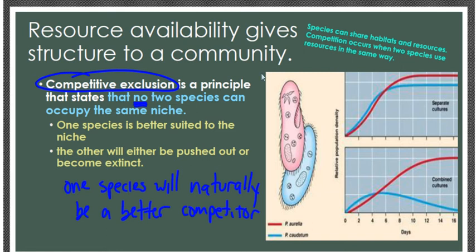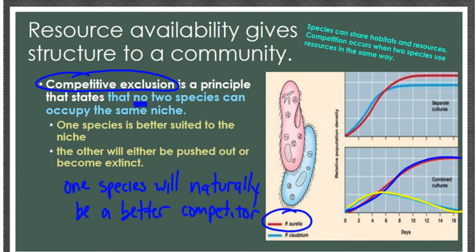In separate cultures, they both thrive, as we see with kind of that exponential looking growth of graph 1. But when they are combined, we see that this paramecium still is doing very, very well. Whereas the weaker competitor population went down pretty dramatically. You cannot occupy the same niche.